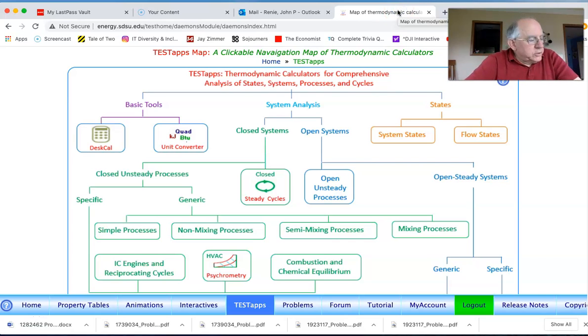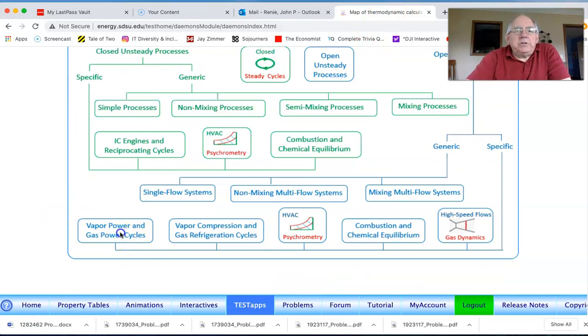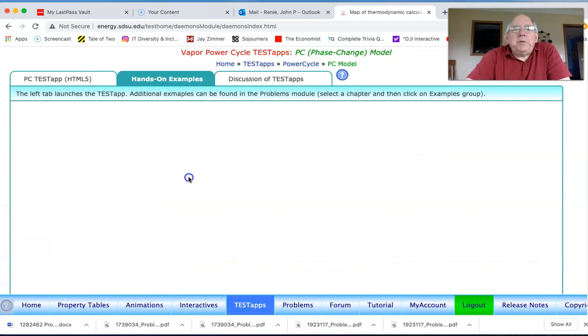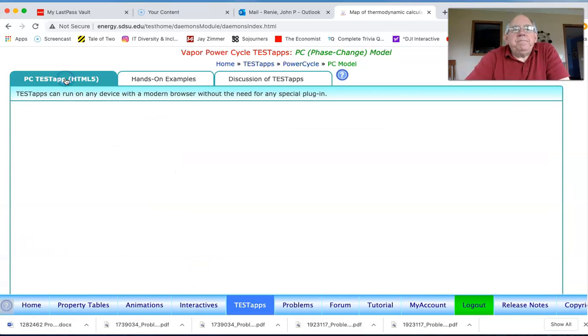Okay, in this video I'm going to solve the first problem on the test. In that particular problem, I provided to you a Word document that you were asked to copy and paste the inputs, and that needs to be copied and pasted into a Vapor Power test app with the substance being phase change material.